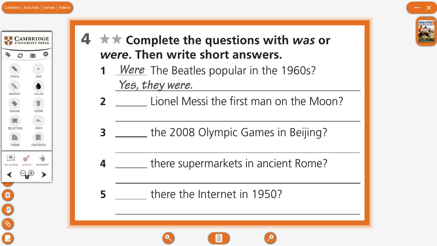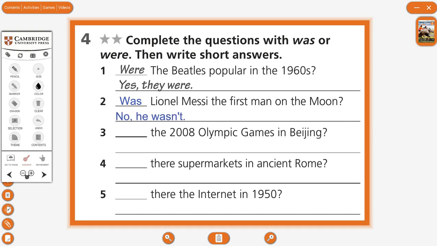Lionel Messi is the first man on the moon. Lionel Messi is a noun, a special name, so we have to say, we can also say Lionel Messi, he. That means we use was in the first blank. This is not true. No, he wasn't, the answer like that.